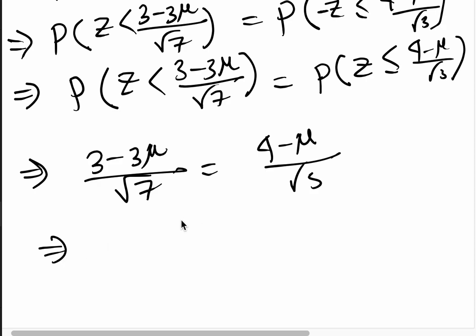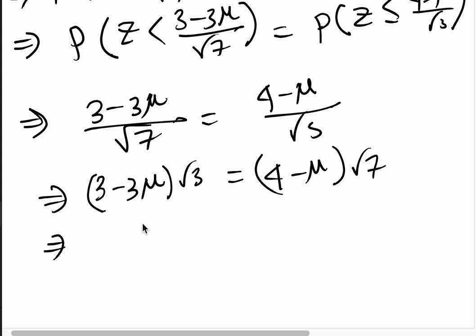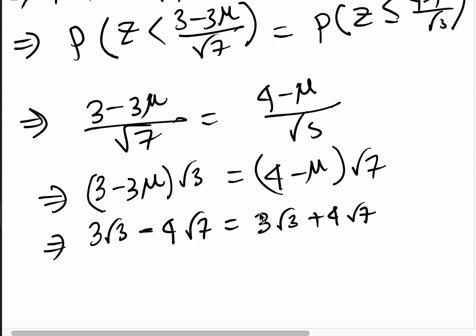So if I do it, let's calculate it: (3 minus 3 mu) into root 3 equals (4 minus mu) into root 7. So 3 root 3 minus 4 root 7 equals 3 root 3 plus 4 root 7 into mu.